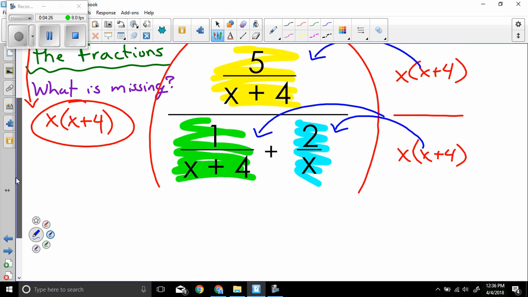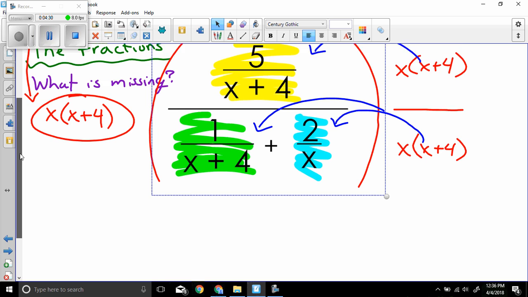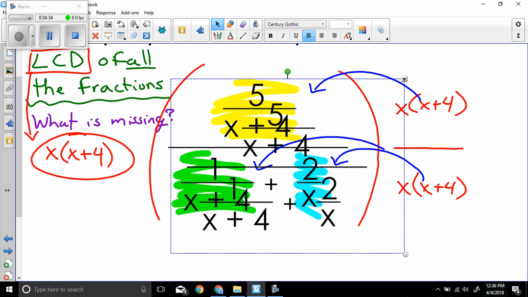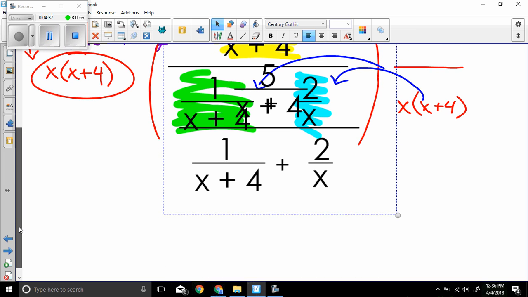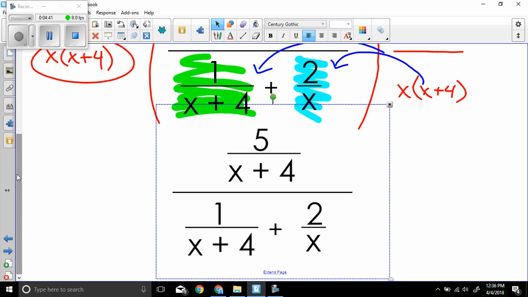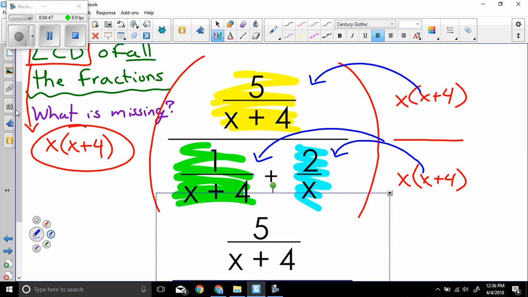So let's see if I can duplicate this real quick. Now, you see I have x times x plus 4 times the top there.